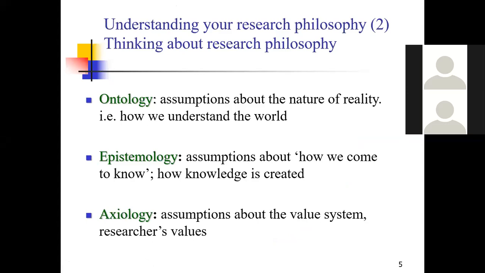Do you see that? Yes, madam. Do you see a presentation slide with ontology, epistemology, axiology? Yes, madam. What do you mean by ontology? You can see assumptions about the nature of reality. That means how we understand the world.